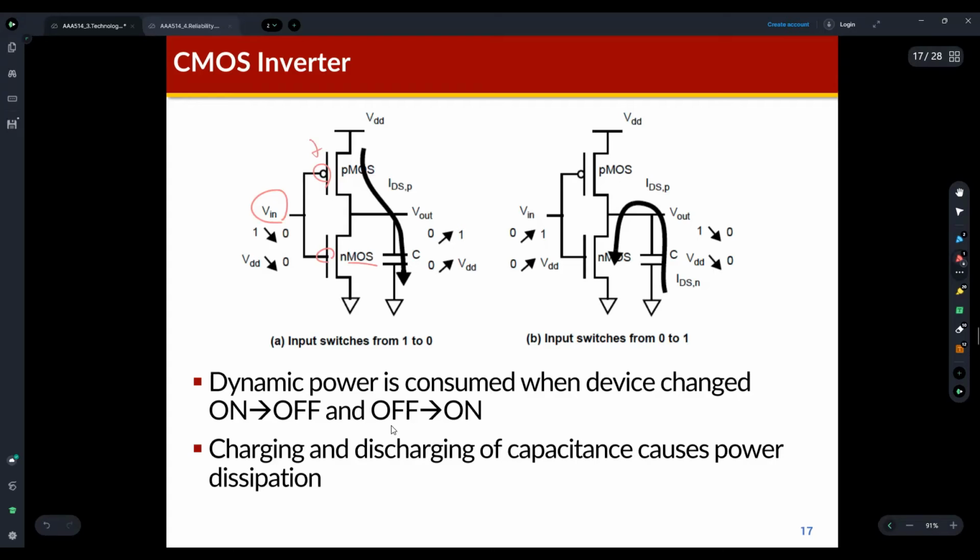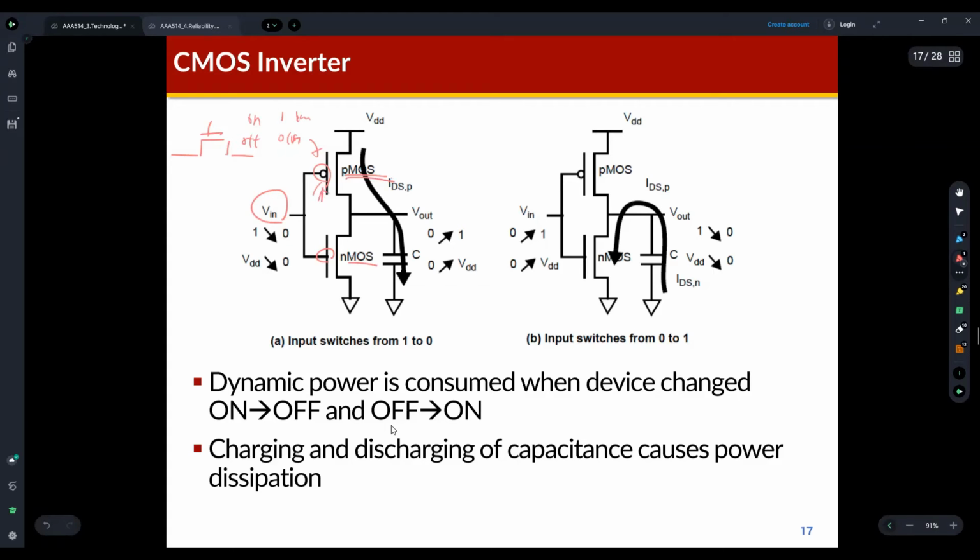As you can see, there is a bubble here, which means that this input is inverted for the PMOS transistor. The NMOS transistor is turned on if the gate voltage is 1, VDD, and turned off if it is 0, ground. PMOS is different.